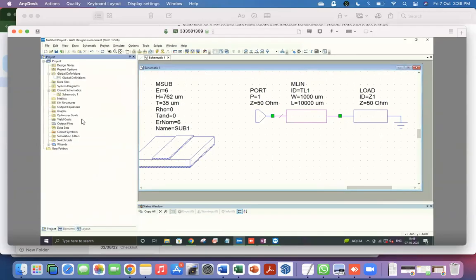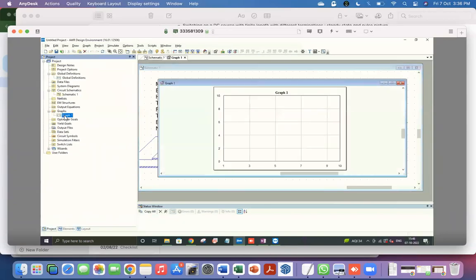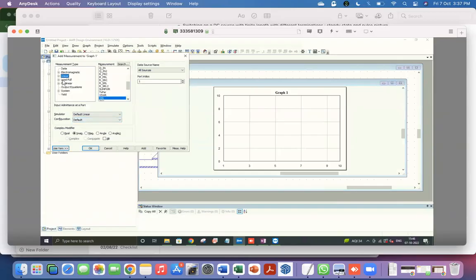Make a new graph. Add a measurement. Go to linear, port parameters, you want S11, right? That's the reflection coefficient. And I can look at the magnitude in dB, maybe. Actually, let's just look at the magnitude.